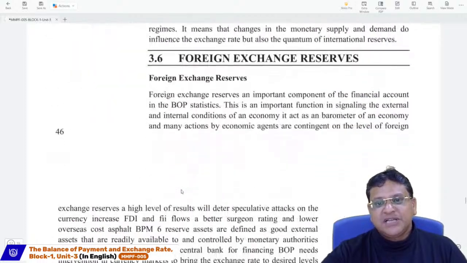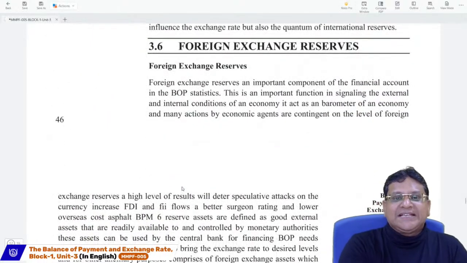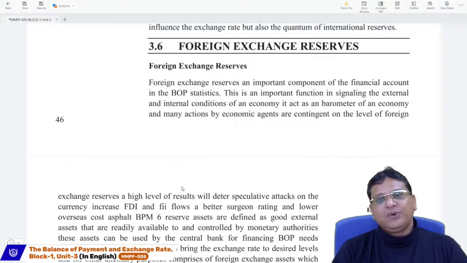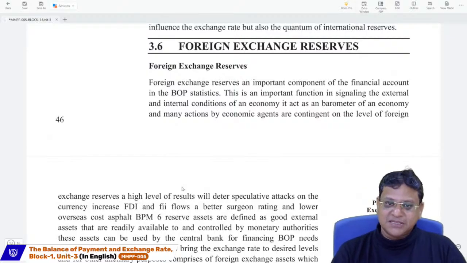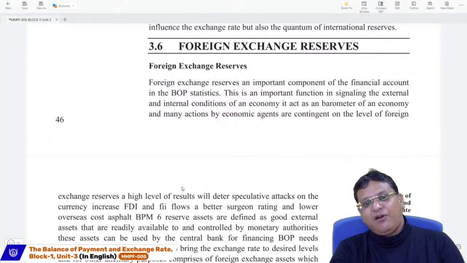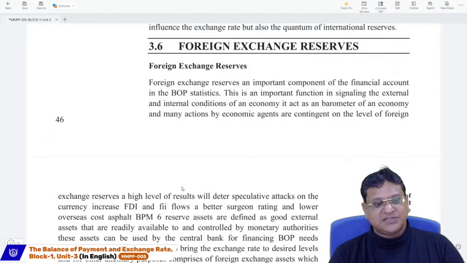Next, we will discuss foreign exchange reserve. We know that every country must have some forex reserve. India has a forex reserve of around 600 to 700 billion dollars. Forex reserves keep on increasing or decreasing related to foreign exchange transactions.